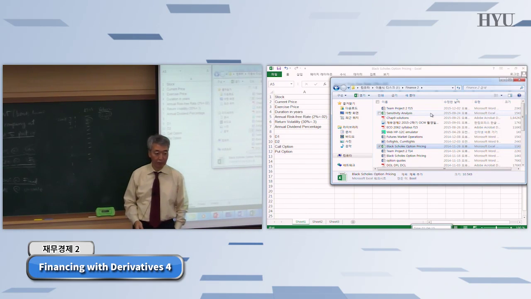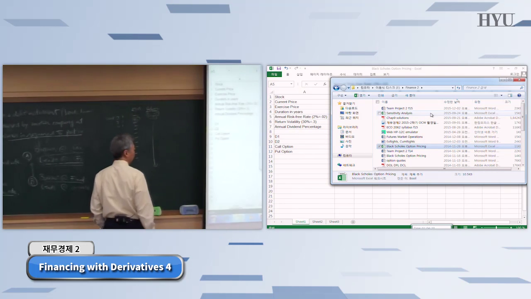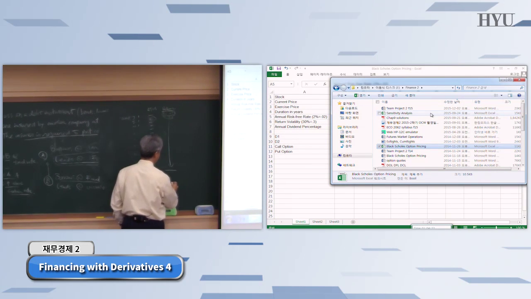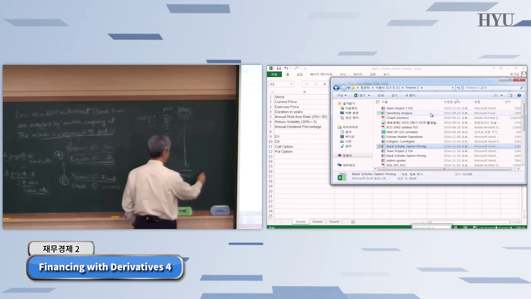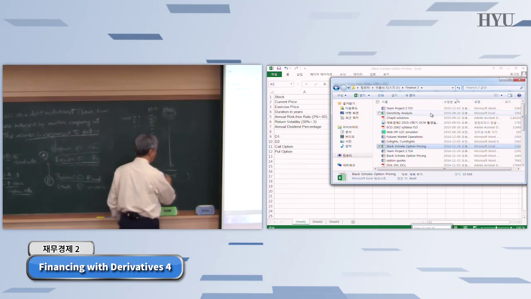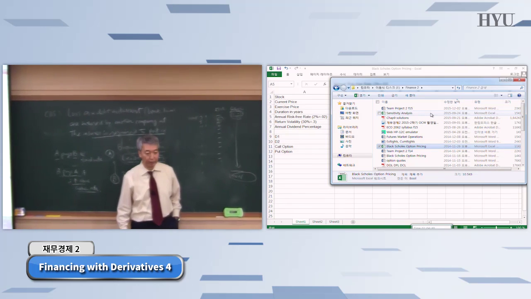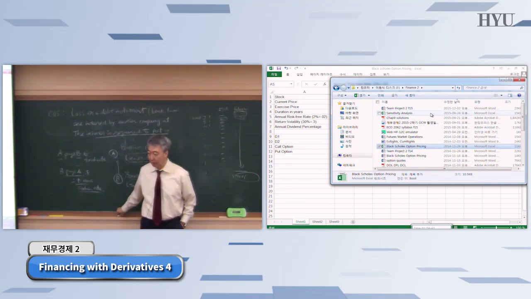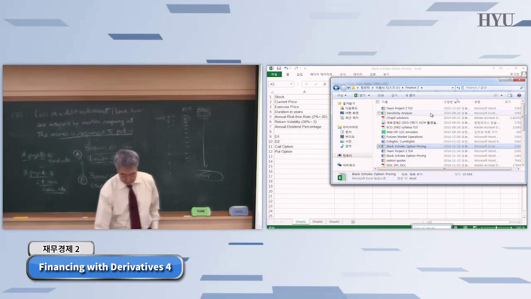Monthly return. So you just copy that formula all the way down. And then at the bottom, use the formula STDEV, standard deviation. Just highlight there. And that's going to be the standard deviation of the stock return. You can calculate it that way. So try it.